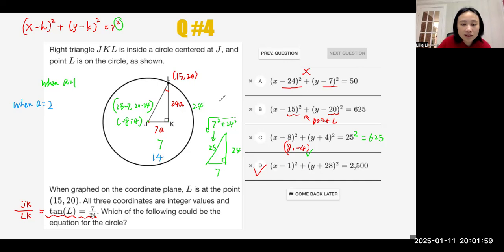This will be 28, because 24 times 2 is 48. Now the coordinates of J will be 15 minus 14, and 20 minus 48, which is 1, negative 28, which gives you this center 1, negative 28.